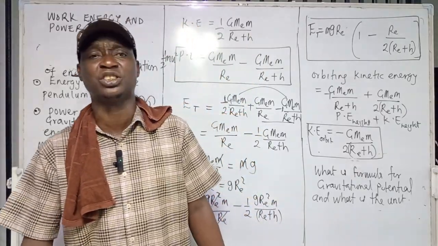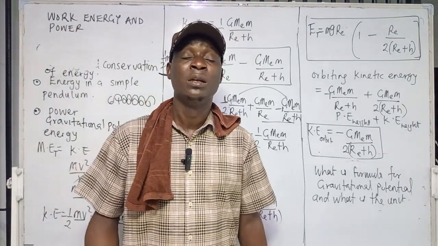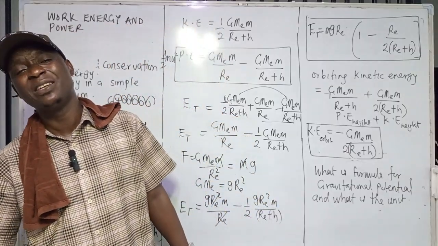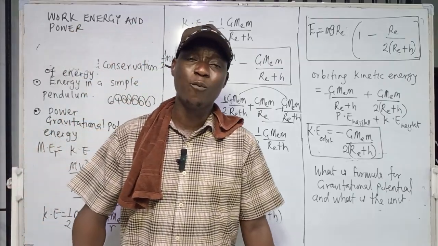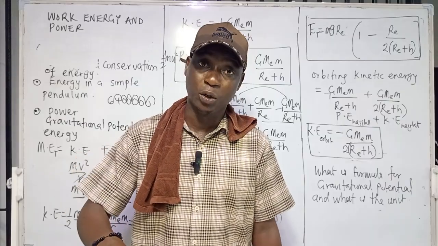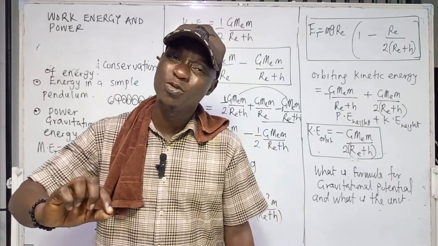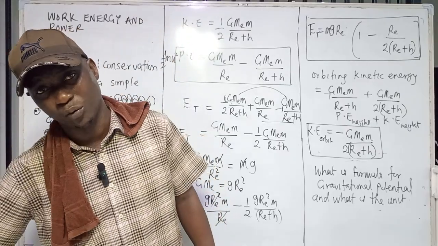Examples are gravitational force and force in a string. While non-conservative forces, when they act on a system or on a body, do not move the body round the trip to make the work done zero.